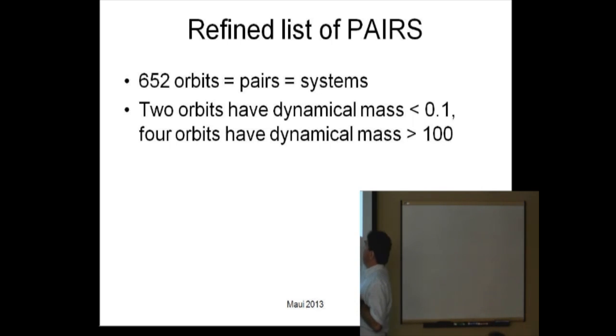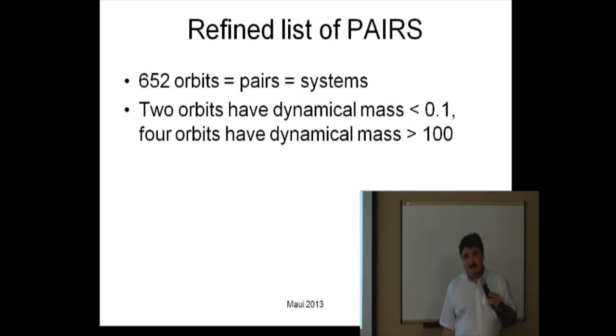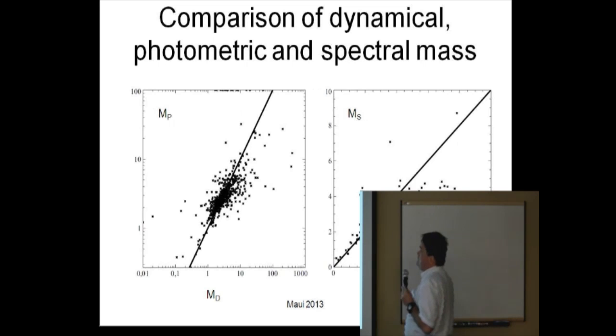Some dynamical masses are less than 0.1 solar mass, which is strange and obviously incorrect. Some dynamical masses are larger than 100 solar masses, which is again incorrect and an indication that something is wrong for this orbital binary. On this view graph, I display the results of comparison of dynamical mass with photometric mass, and here dynamical mass with spectral mass.